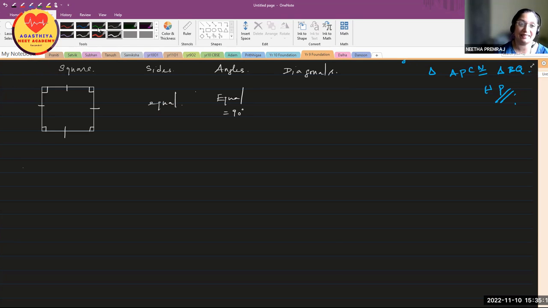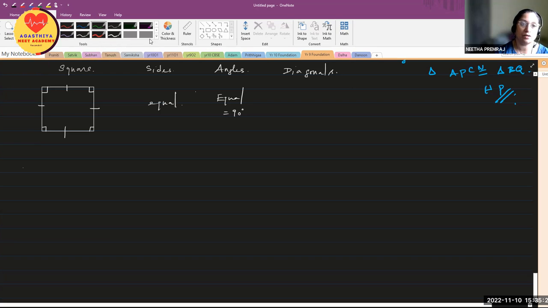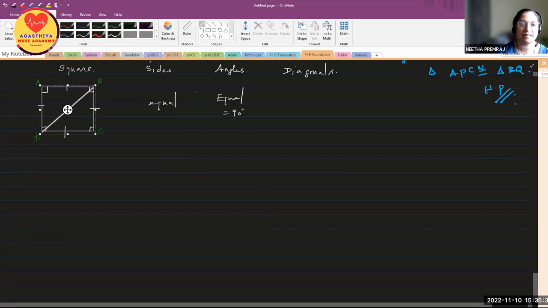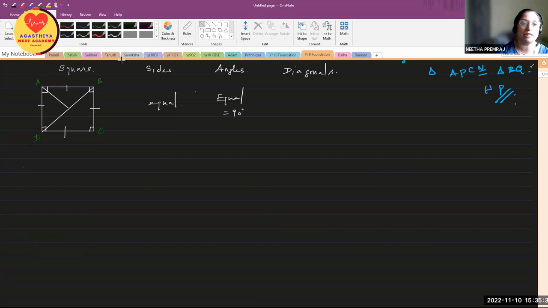Diagonals, the line which joins opposite vertices. These A, B, C, D are called vertices, isn't it? And the line which joins the opposite vertices, what is it called? Diagonal. How many diagonals can be drawn? You can draw two diagonals.